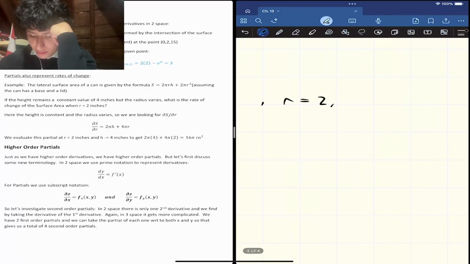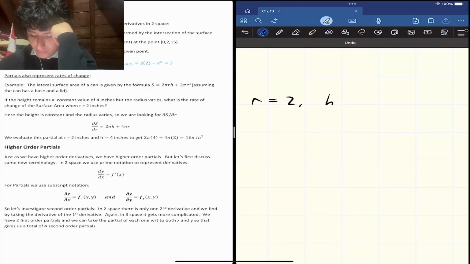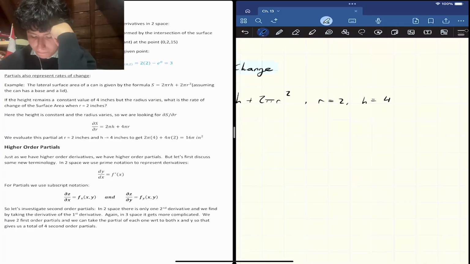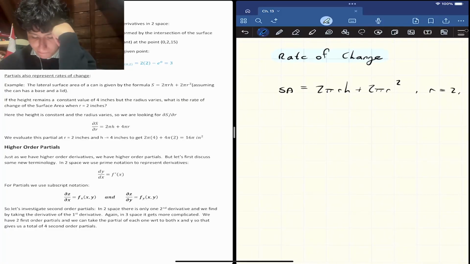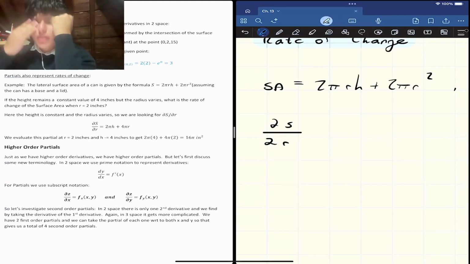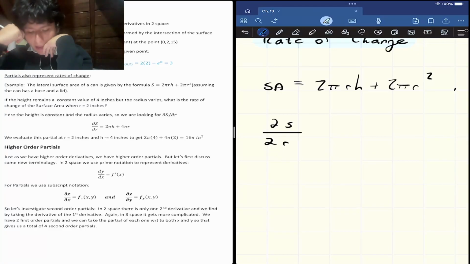R is equal to 2 and h is equal to 4, right? We're given two initial values to begin with. Find the partial of this now, because we know that the height is going to be constant, right? We know that right off the bat.